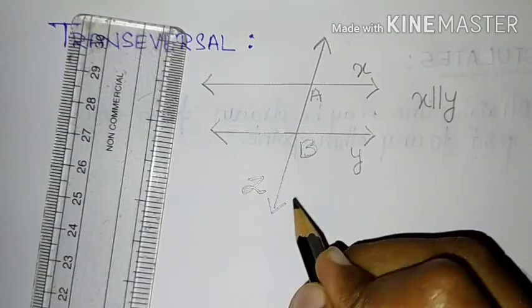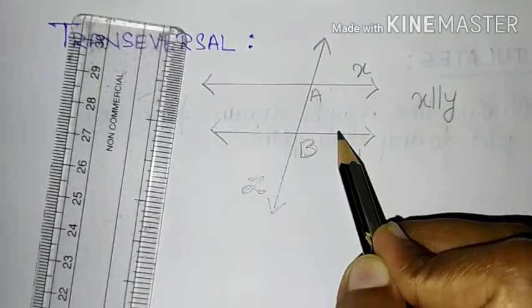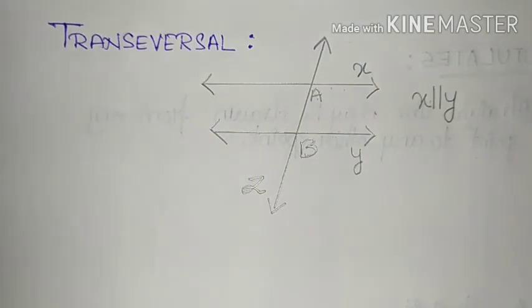Okay, this third line which intersects our parallel lines is called a transversal line, or simply a transversal. So the third line which is intersecting the parallel lines is known as a transversal.